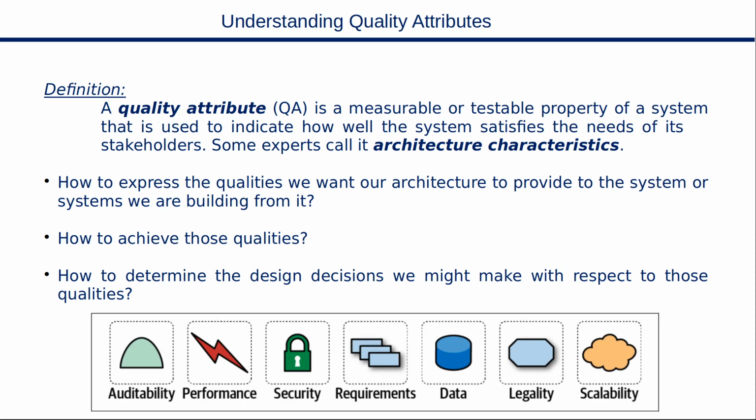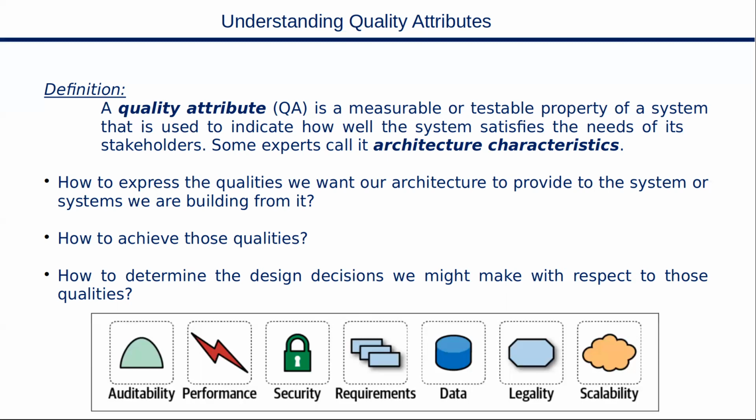But we have to use this term quality attributes quite carefully. So this is the measure or testable property of a system. Some of the experts in this area actually prefer another term that sounds like architecture characteristics.